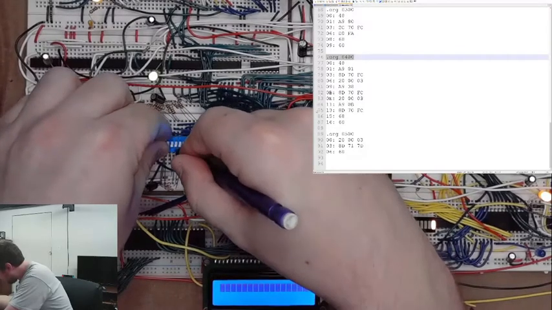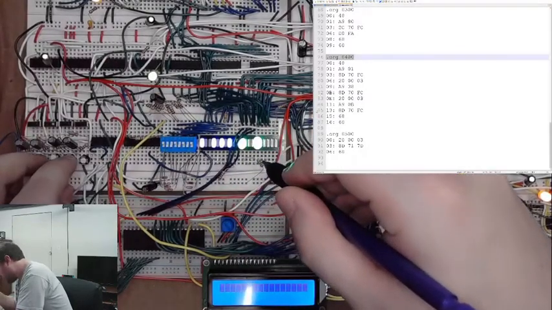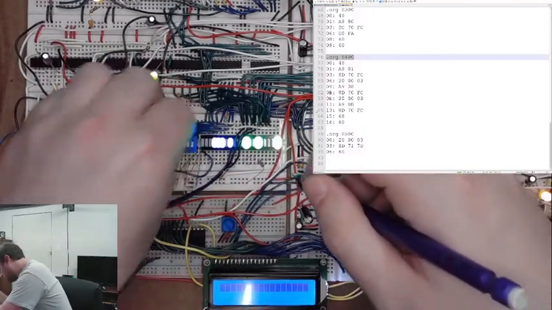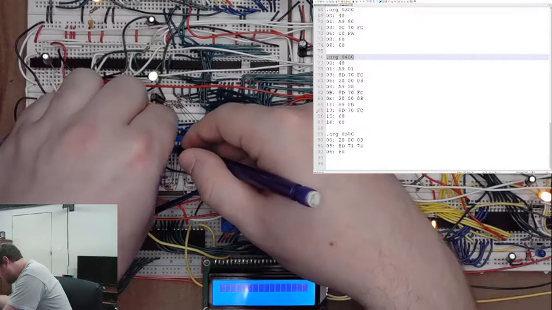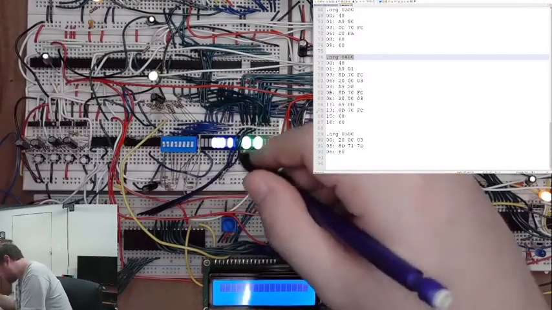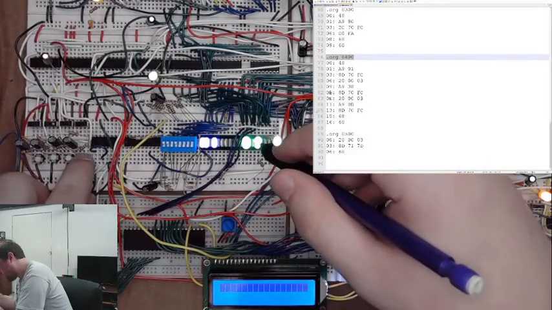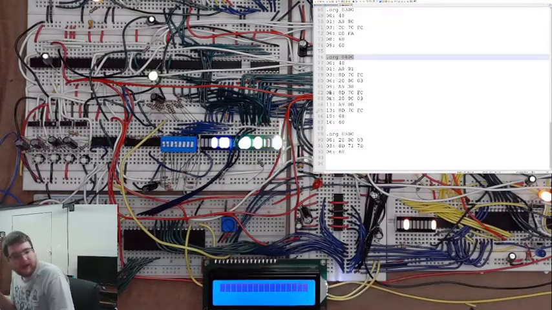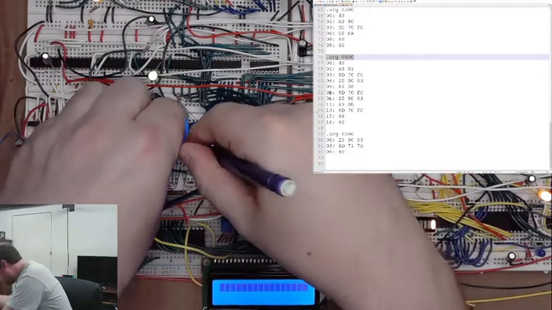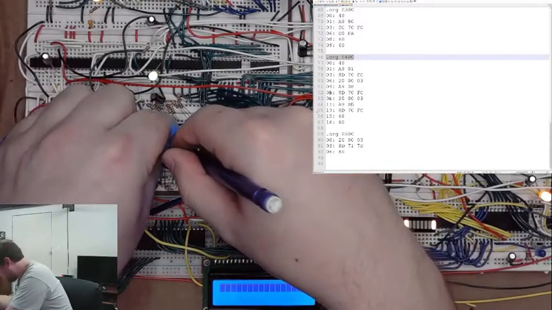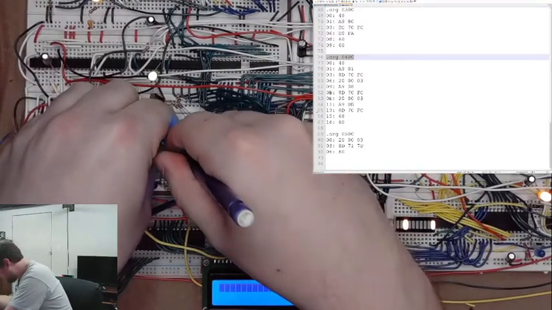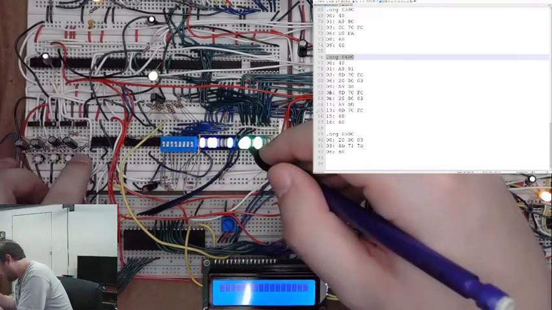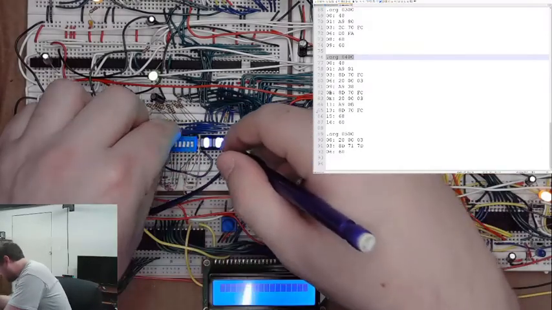So this should be a 9. 0B. B is this one. 0B. And then we should be at 13. 13. Oh, baby. So this will be 8D. 70.